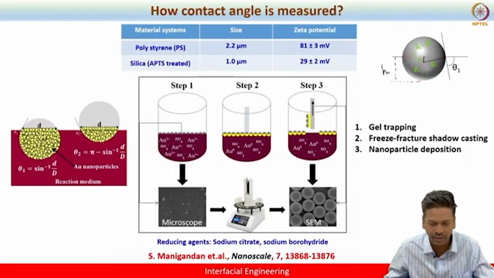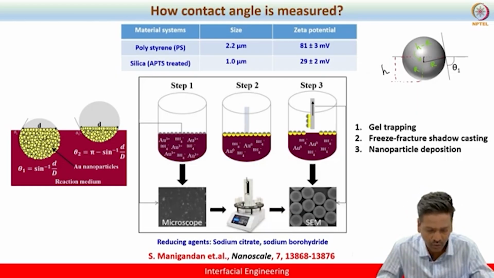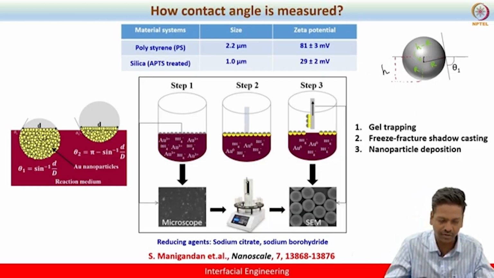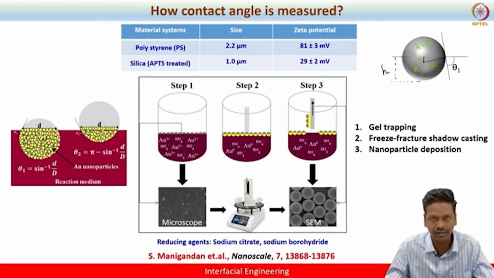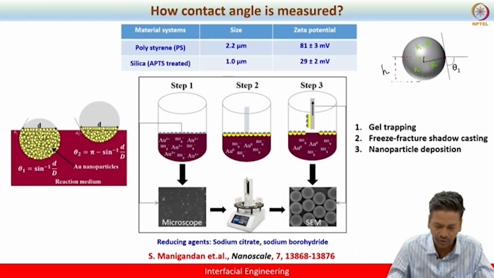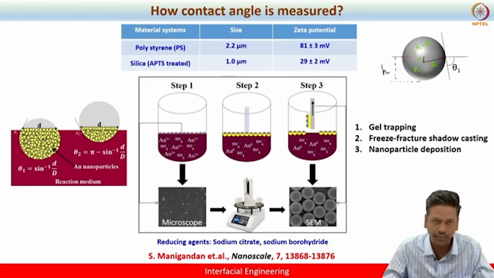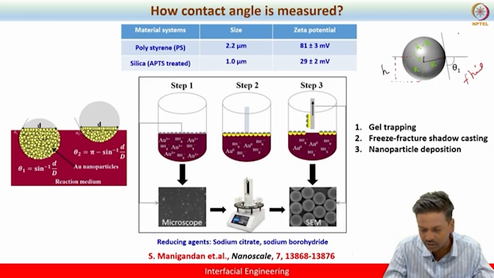So in today's lecture, we are going to address the question of how contact angle can be measured. There are a few direct methods available. Let's say I consider a scenario where the colloidal particle is sitting at the fluid interface, fluid 1 and fluid 2.